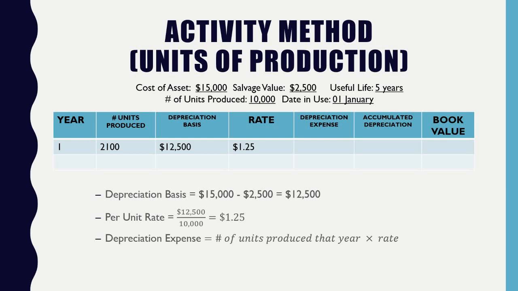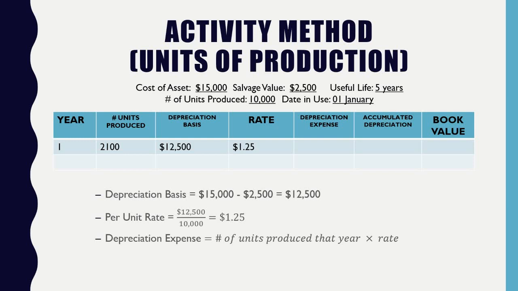Okay, so here the formula is number of units produced that year. So year one, I've already recognized that I've produced a total of 2,100 items. So here, let's look at the formula once again. Number of units produced that year.